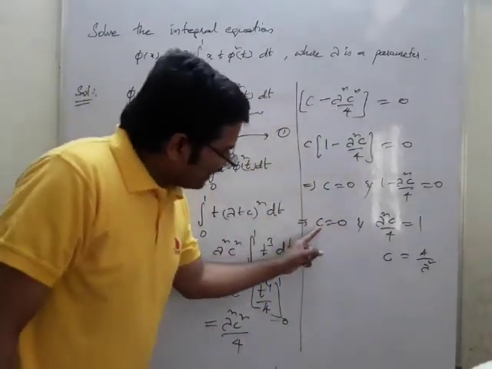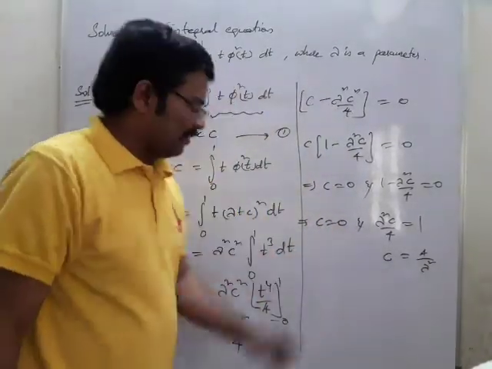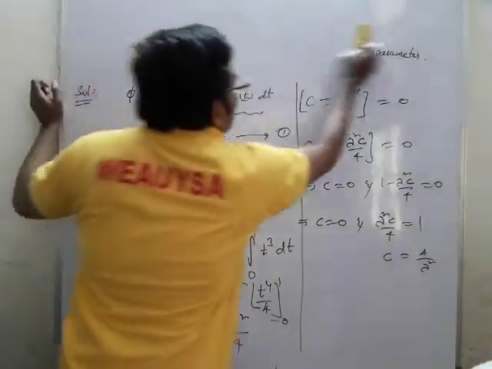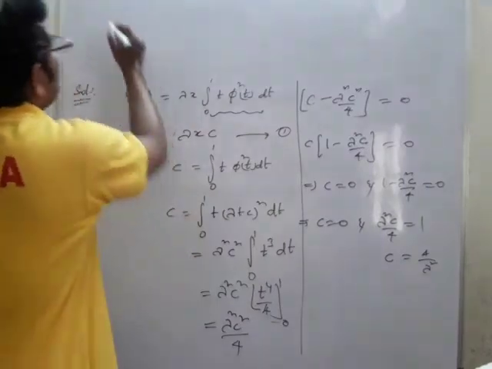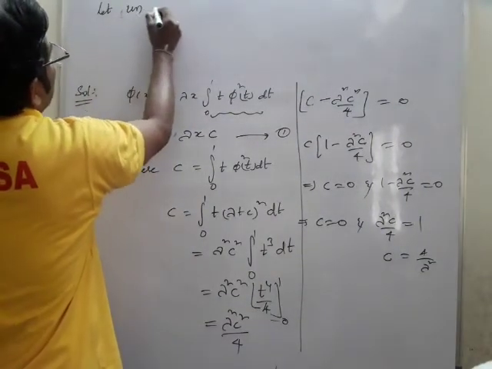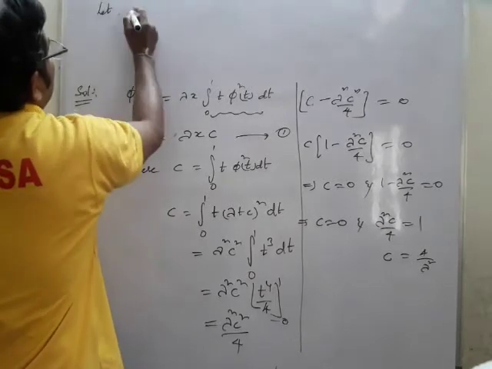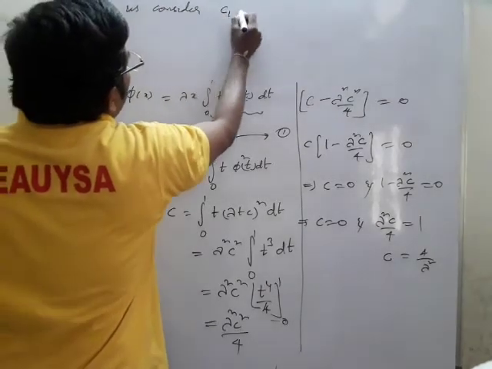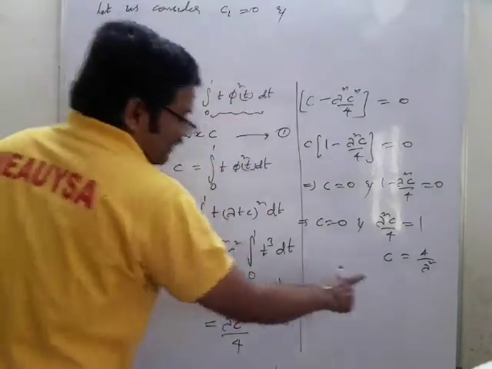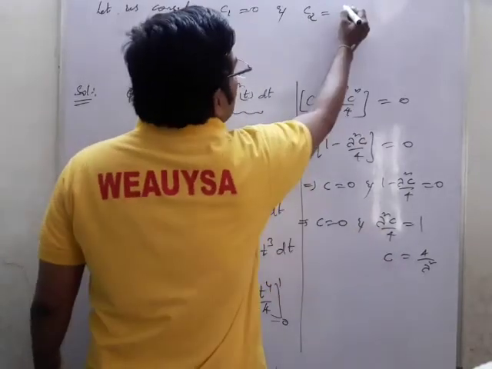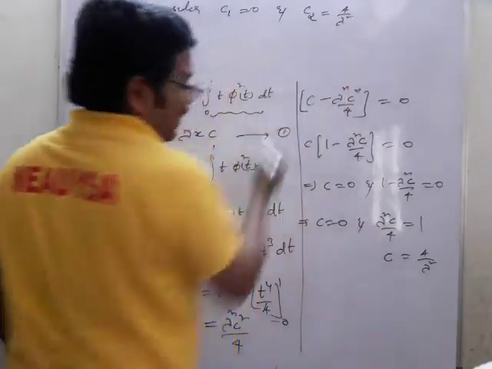Now I will call this c1 and this c2. Let us consider c1 equal to 0, and c2 is equal to 4 by lambda square.